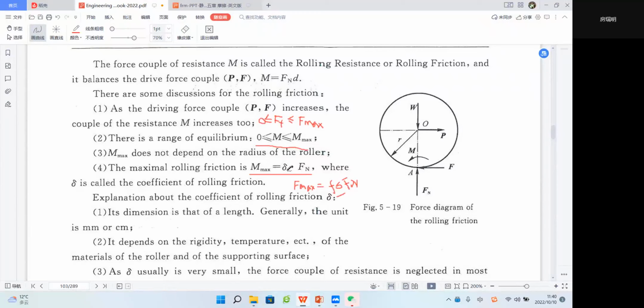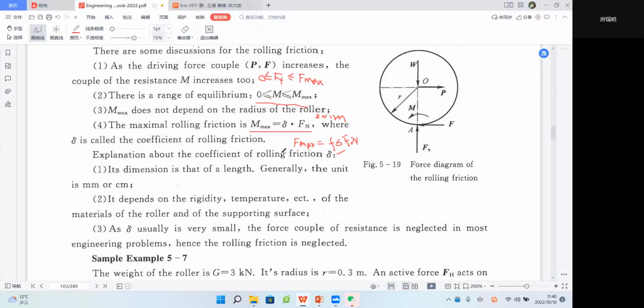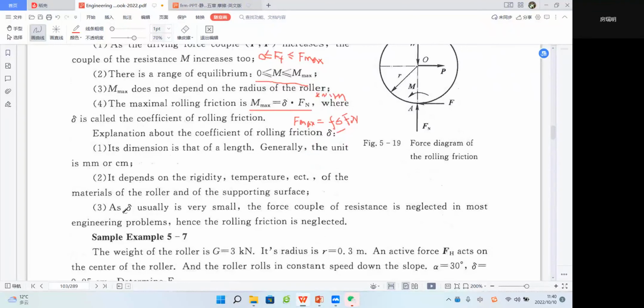But this delta will have a length unit, because a moment will be newtons or kilonewtons times a length unit, maybe meters or millimeters or centimeters. So this delta will have a length unit. Actually, this one is very, very small. Delta usually is very small.